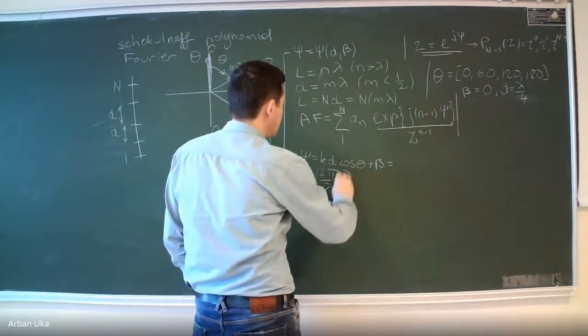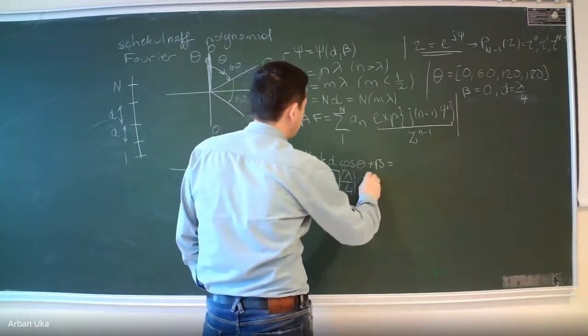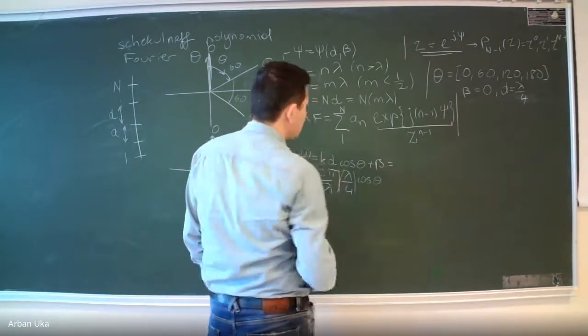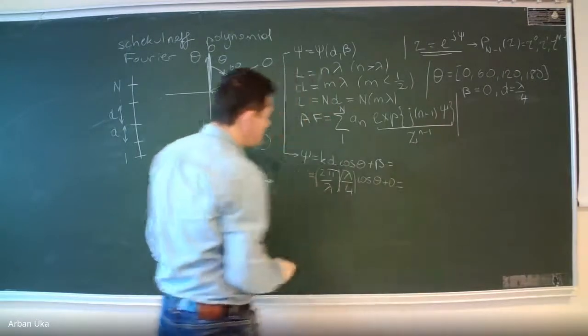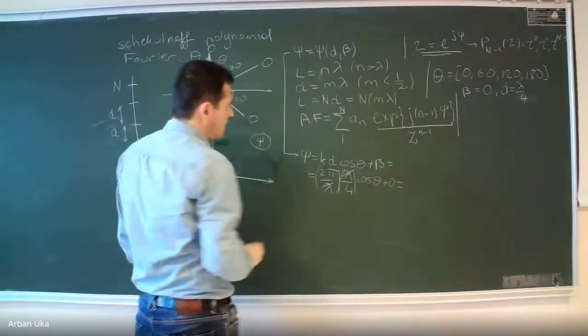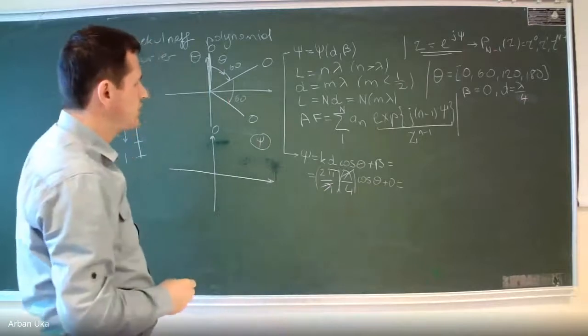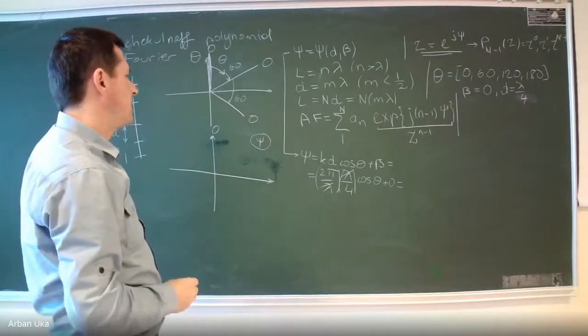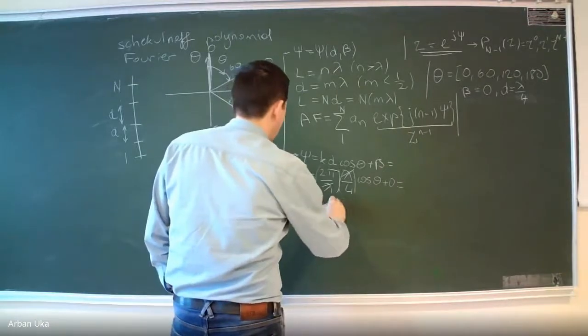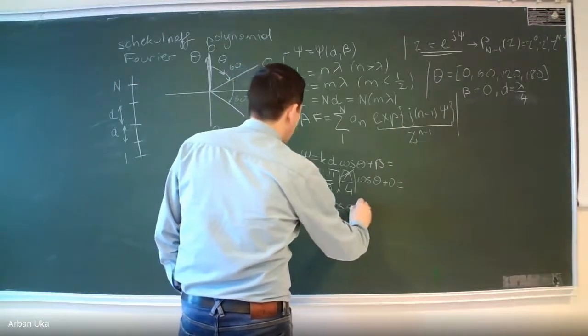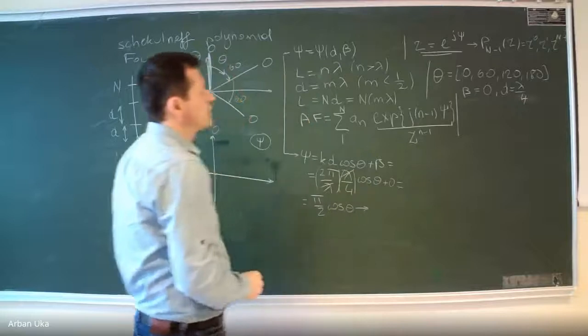So this is the kd cosine theta, beta is 0, so we do here plus 0. Now we get here pi over 2 times cosine theta. Then we should get 4 different values.